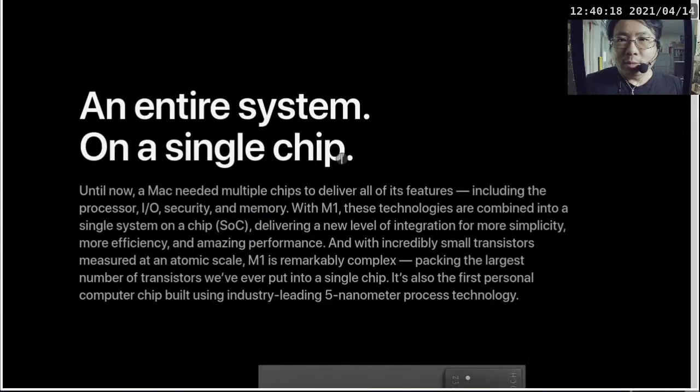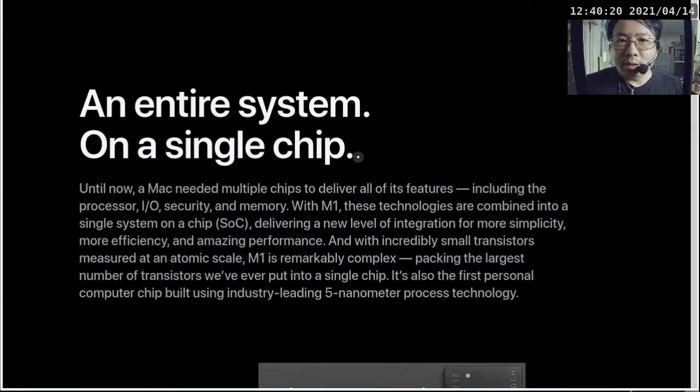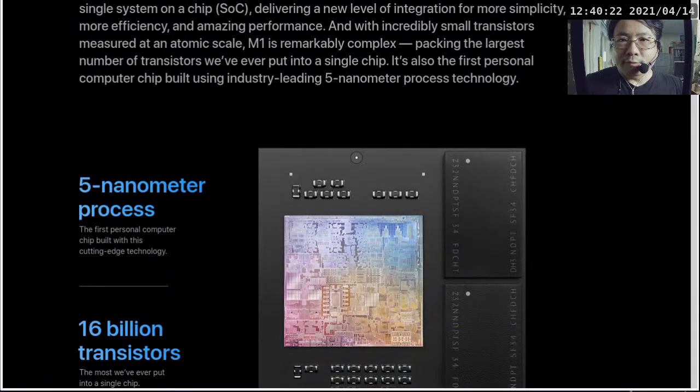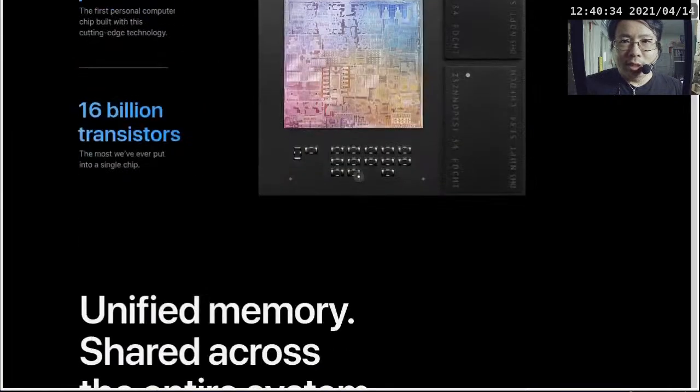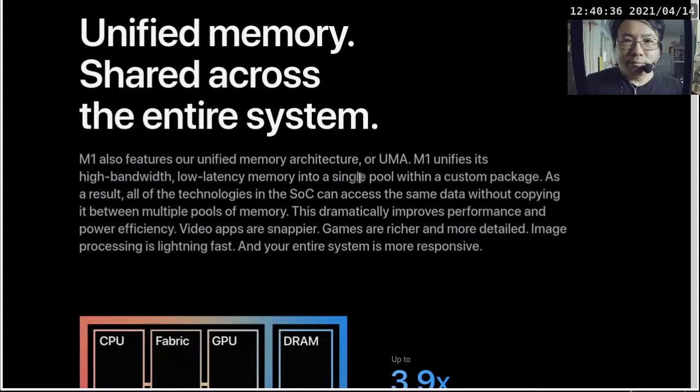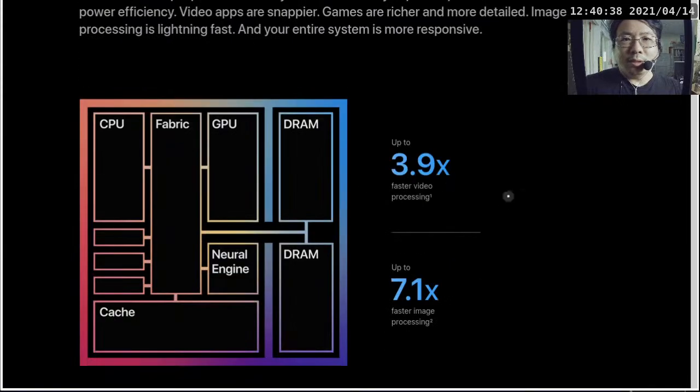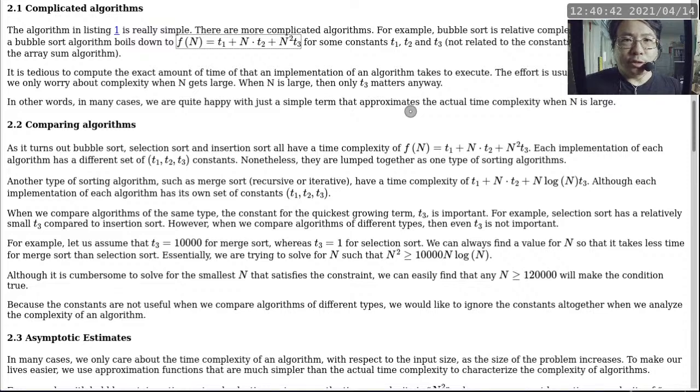So it's a system on a chip, SoC. It's a 5 nanometer process, and I think some of the AMD processors were using 7 nanometer. So 5 does beat 7, not by much, but it does beat it. The smaller the transistor, the less time it takes for the transitions.